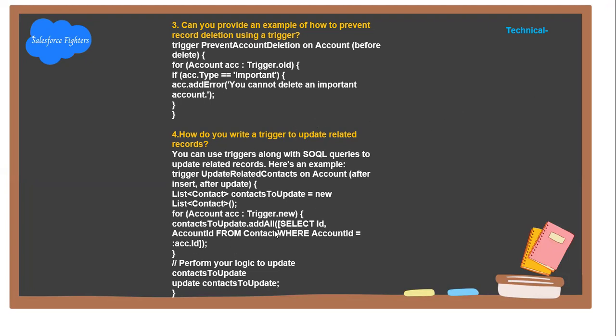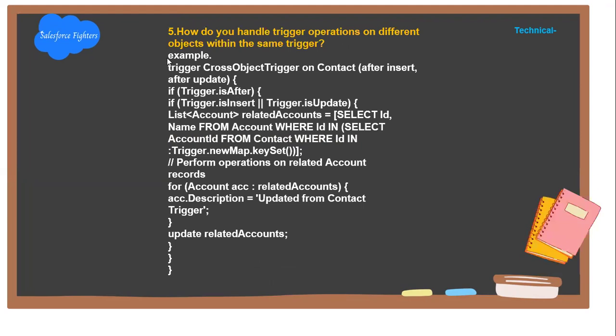Next question. How do you handle trigger operations on different objects within the same trigger? Example: trigger CrossObjectTrigger on Contact after insert, after update.